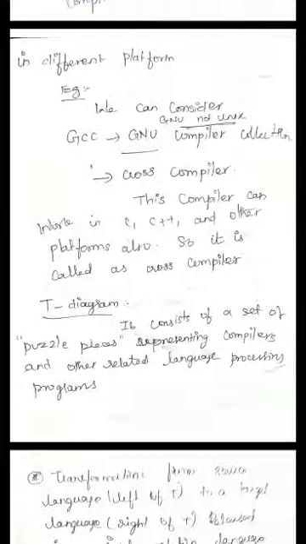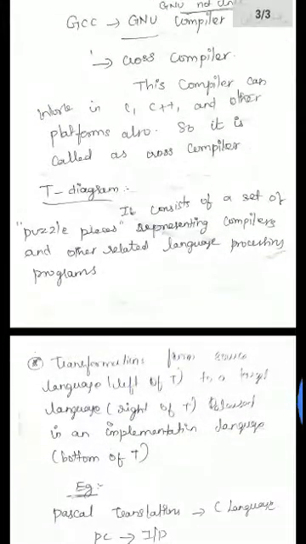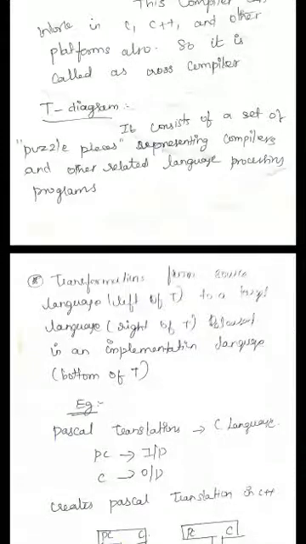And the next one is the T diagram. It consists of a set of puzzle pieces representing the compilers and other related language processing programs. That is the transformation from the source language to the target language, related to an implementation of the language.